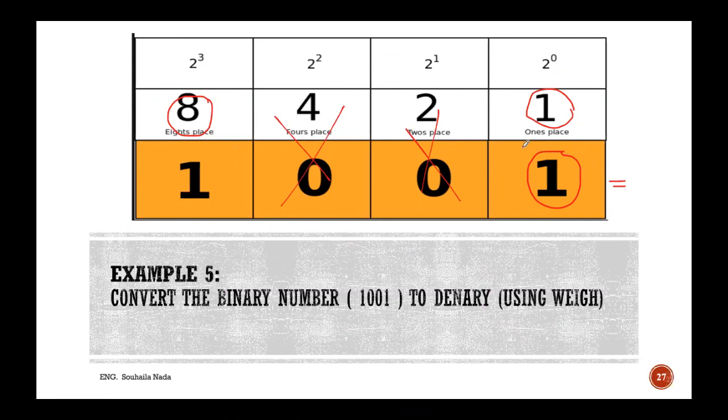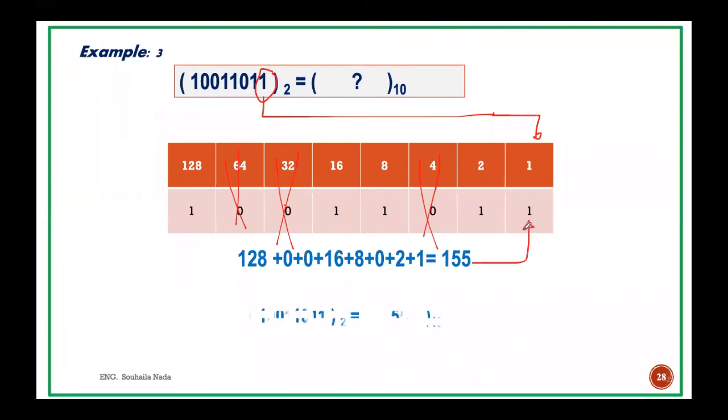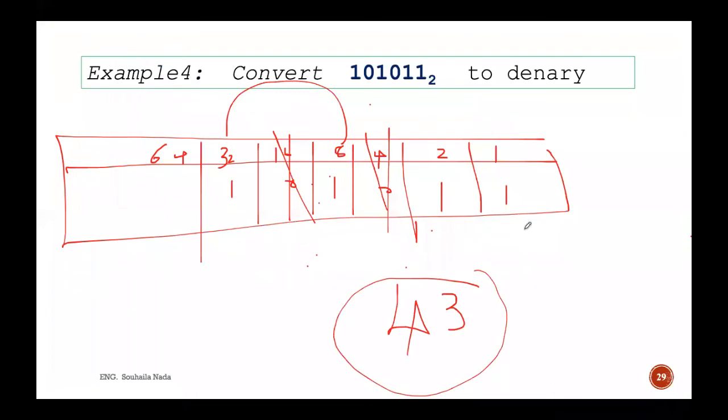If the rightmost digit is 0, the answer is an even number. So here, for example, the answer 155 is odd, and the rightmost digit is 1. Also 43, the rightmost digit is 1.